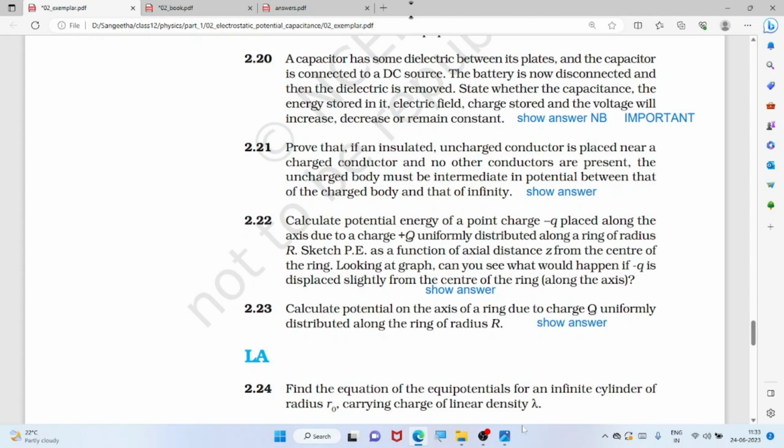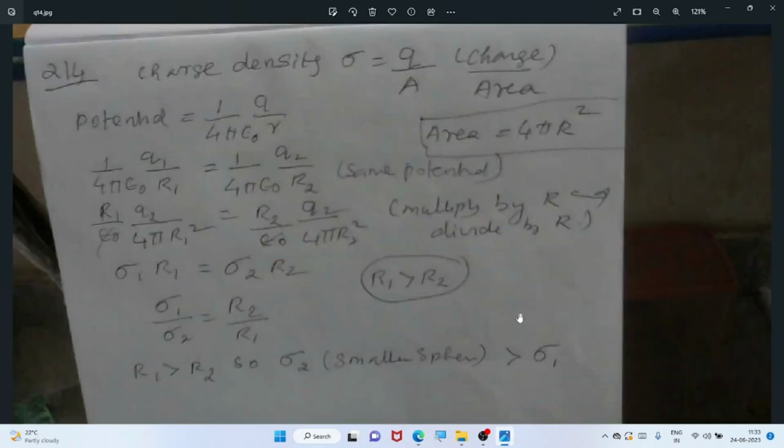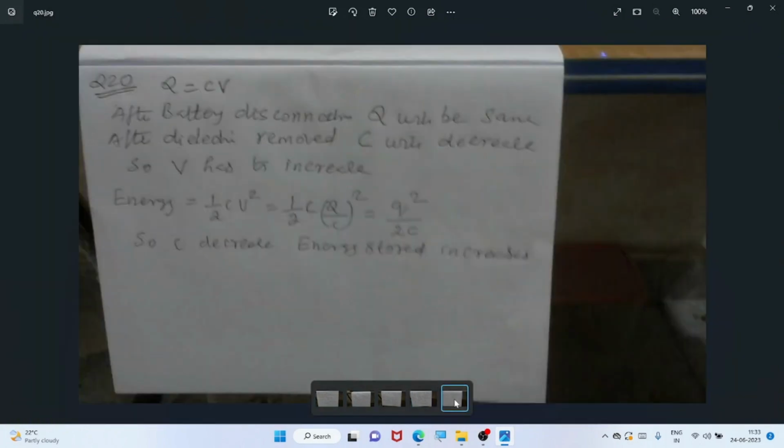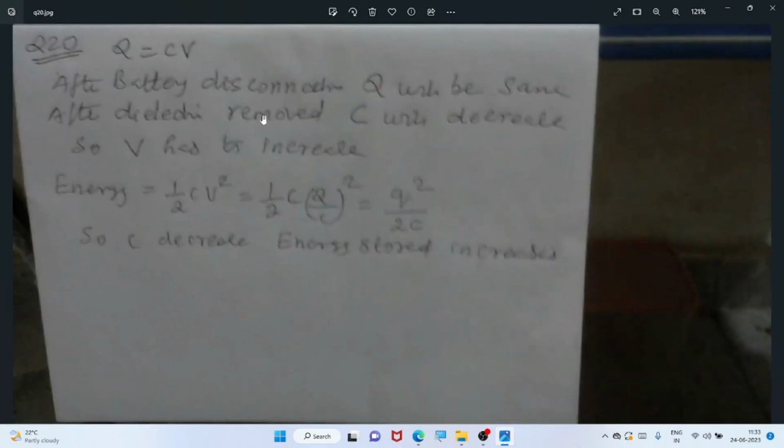2.20. Q equal to CV, okay. After the battery is disconnected, the charge will be conserved, charge will be the same, but the capacitance will decrease. So when capacitance decreases but charge has to be maintained the same, that means voltage has to be increased.